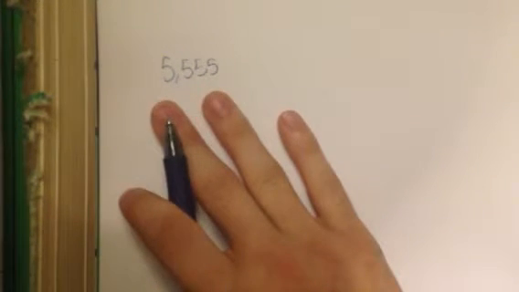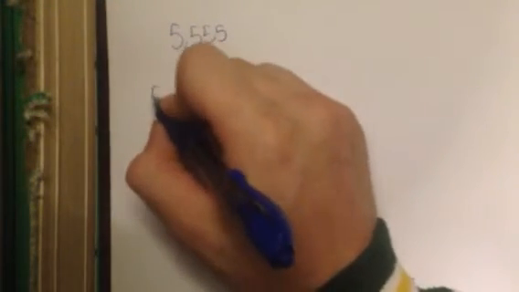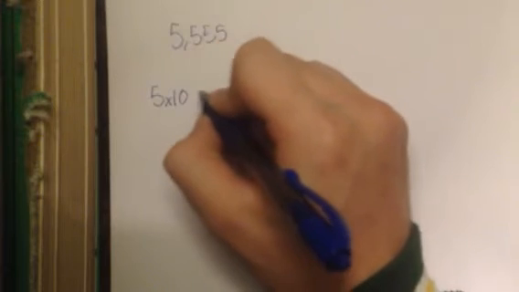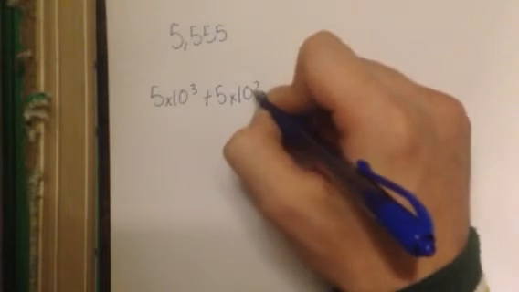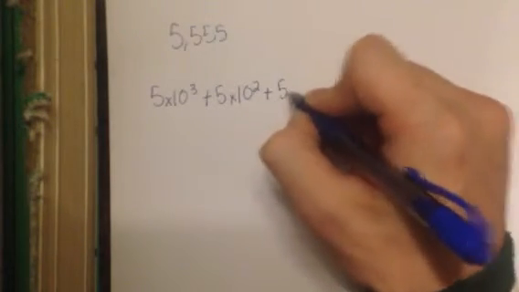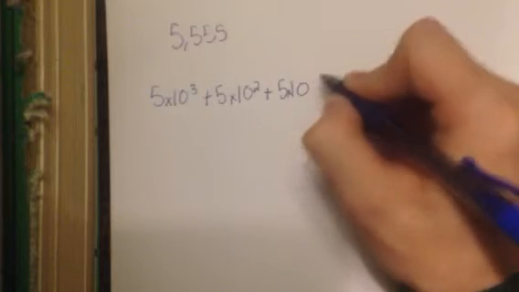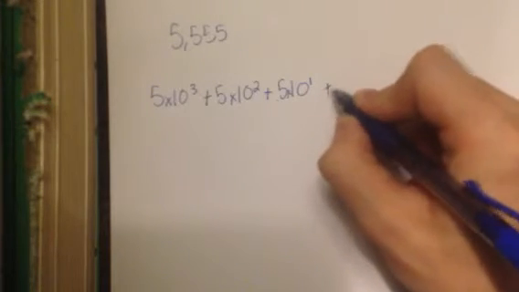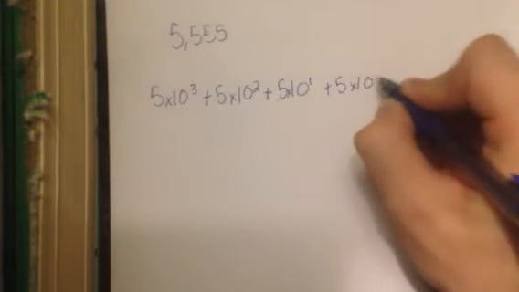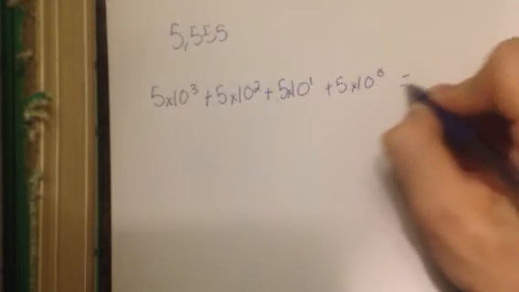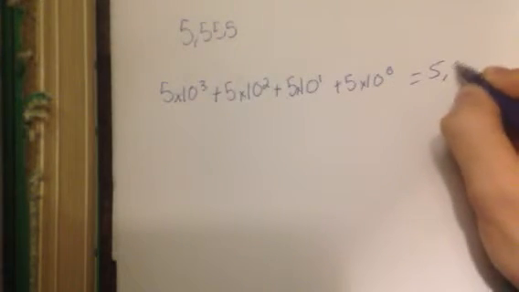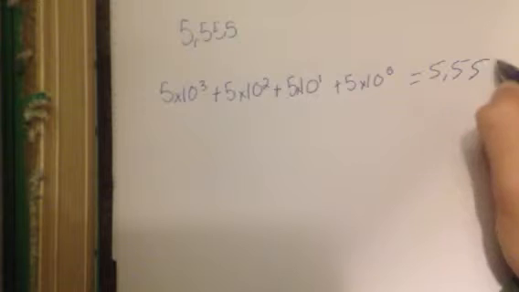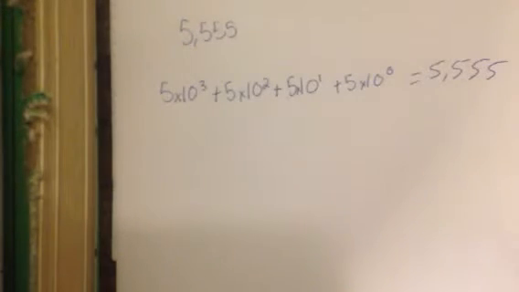Its expanded notation is 5 times 10 to the third power plus 5 times 10 to the second power plus 5 times 10 to the first power plus 5 times 10 to the 0 power. That's 5,555.